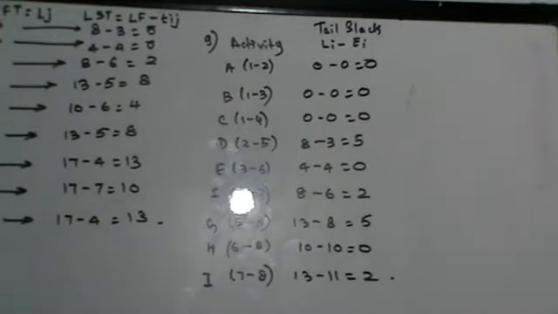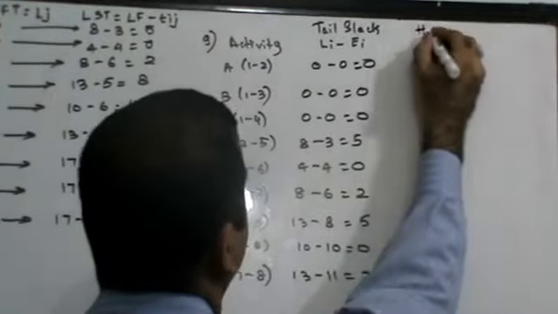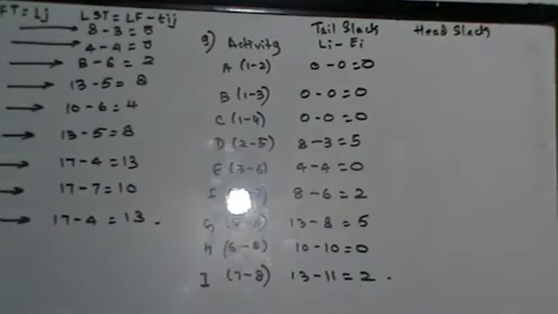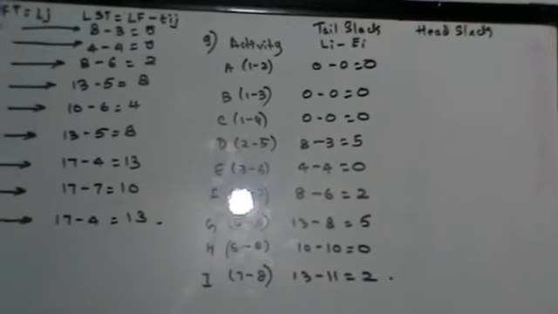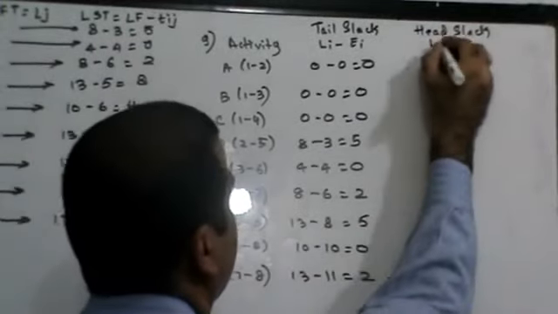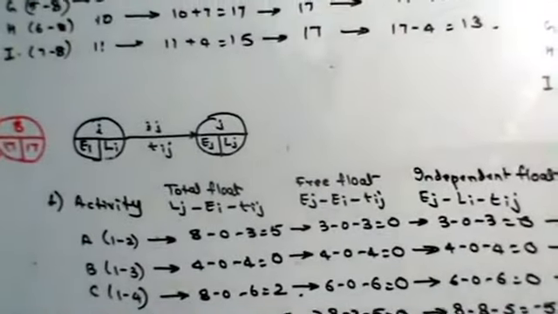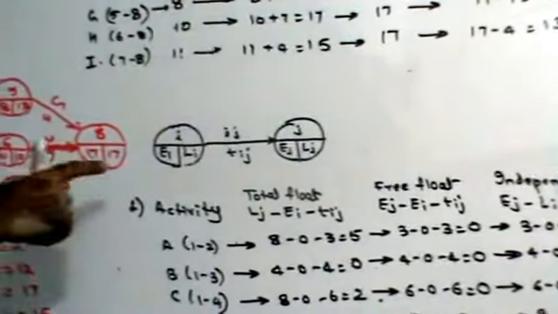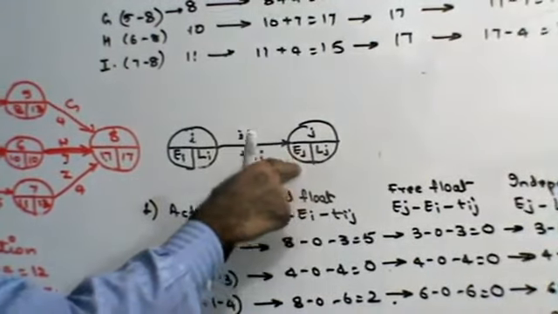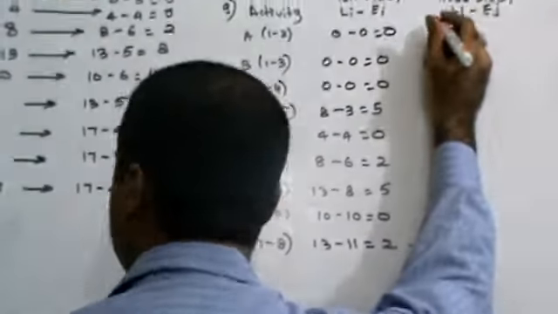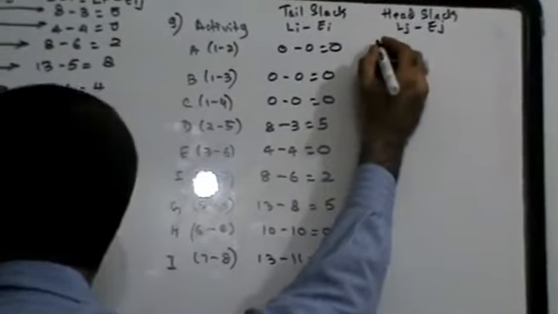Next, head slack. How do I get my head slack? Head slack is nothing but Lj minus Ej. Head slack is the same as interfering float, Lj minus Ej. Now that you know how we have to calculate, let's see this. For activity A, it is going to be 8 minus 3.